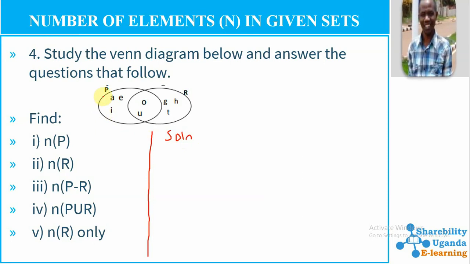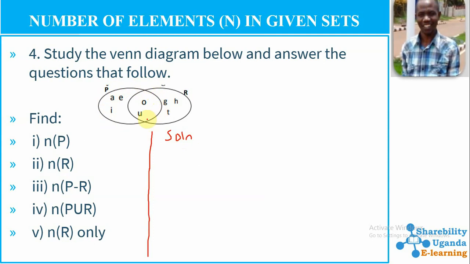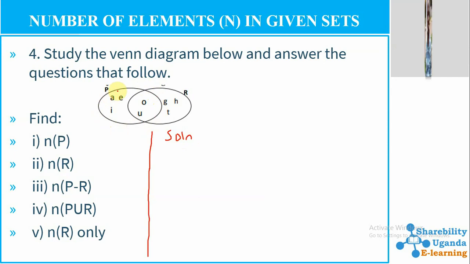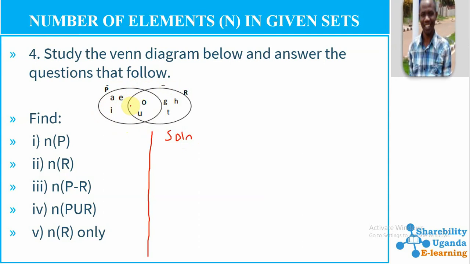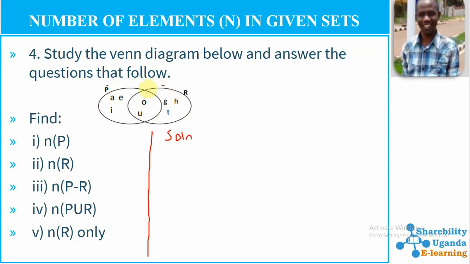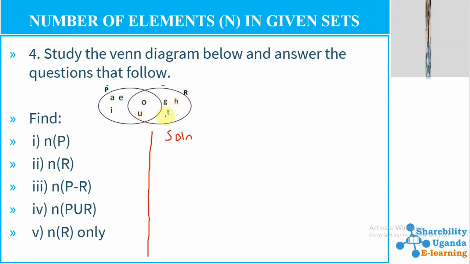So our set P passes from here, up to there, and all these members belong to our set what? Our set P. Then our set R also passes from here up to here. So these members and also these members all belong to our set R.